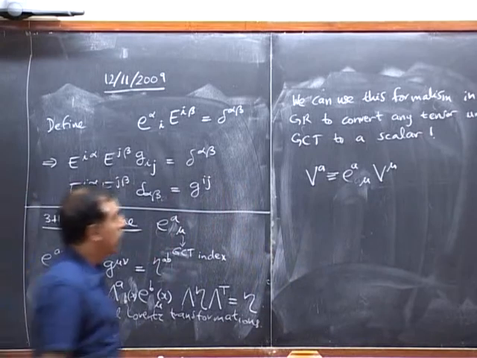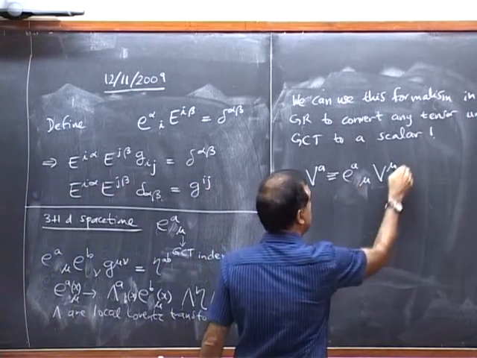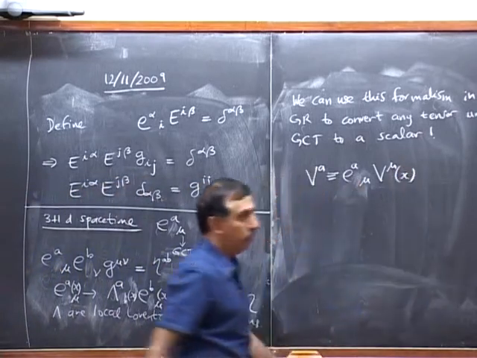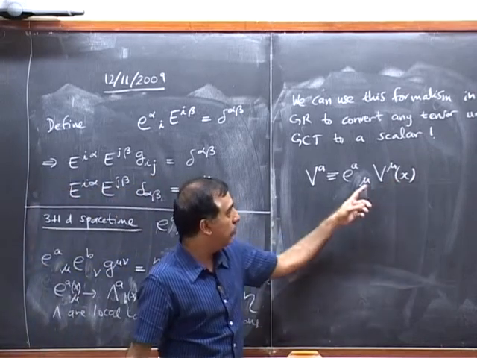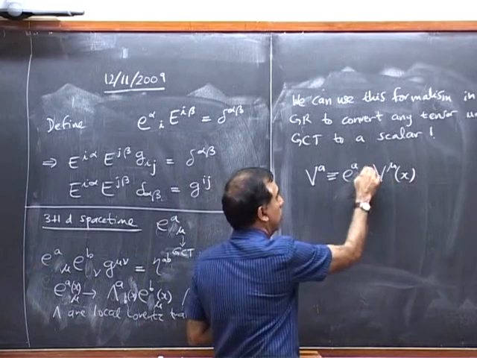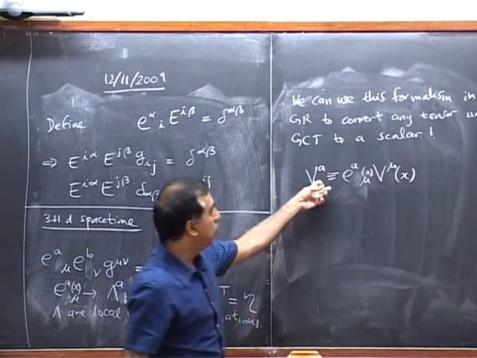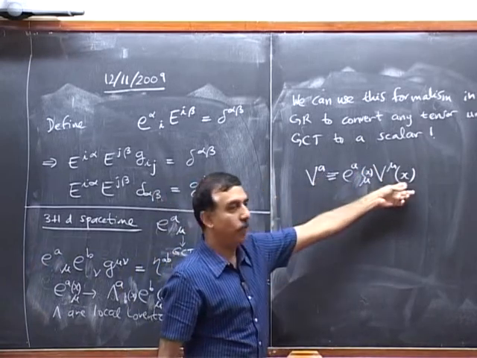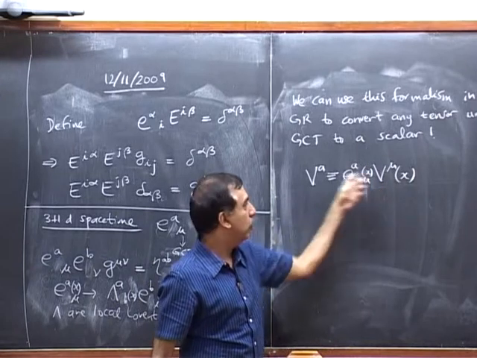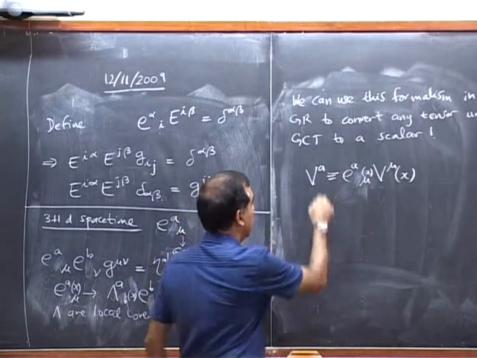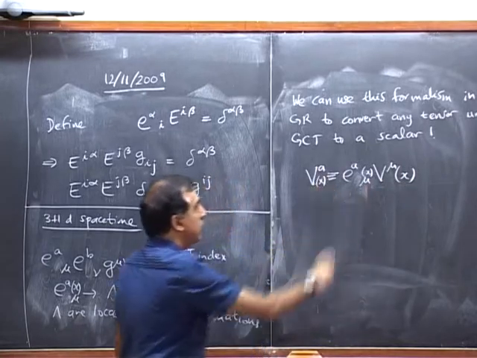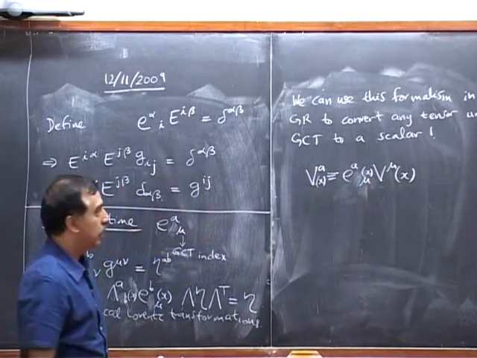Now notice something. We are in some coordinate basis. Then V mu, if we are in some choice of coordinates, V mu of x has some dependence on x. But E mu also has a dependence on x. So don't think that the new V^A has the same functional dependence as this, because it could be much more complicated because of this guy's dependence on x. Right? However, it's an invertible transformation.